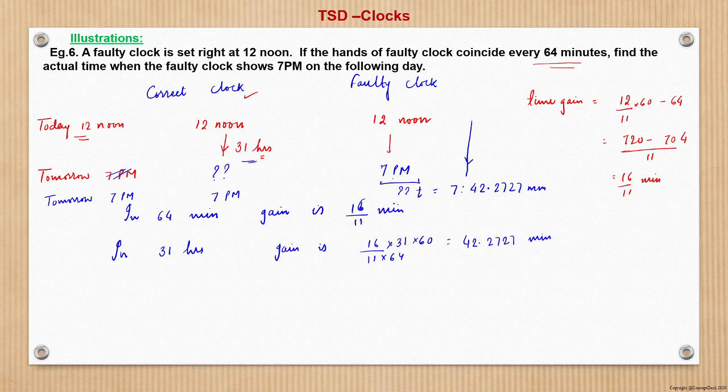So basically we can say here that in 1902.2727, when the faulty clock time has moved by 1902.2727, the gain is 42.2727.